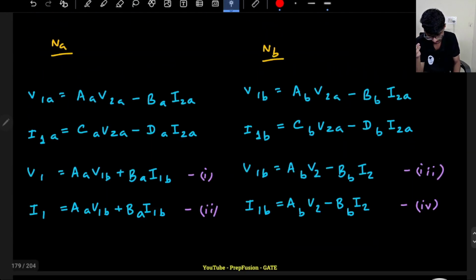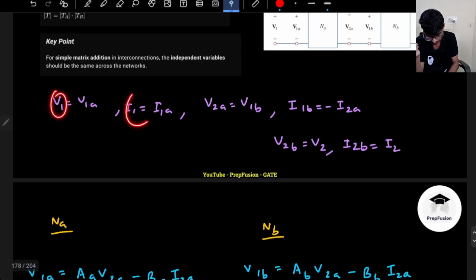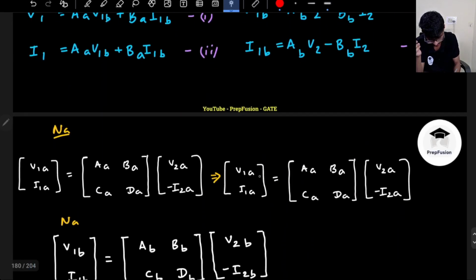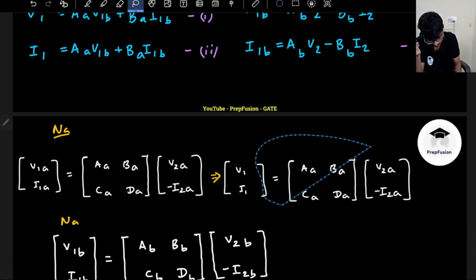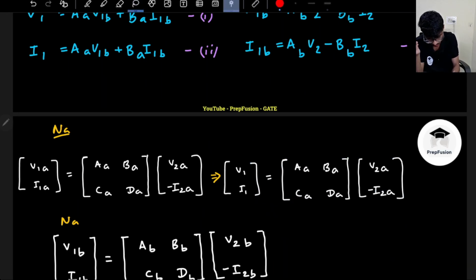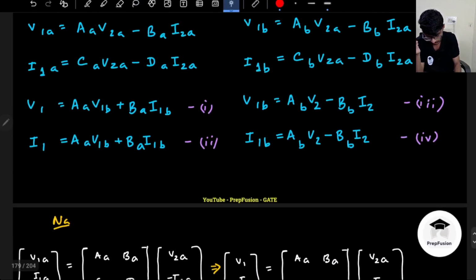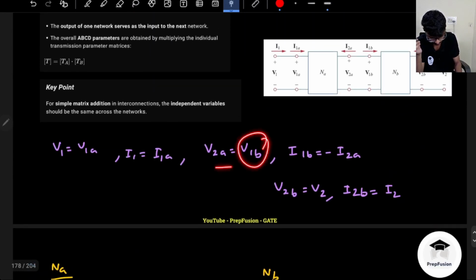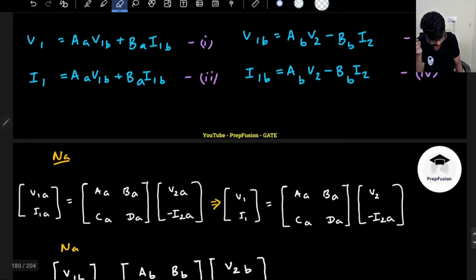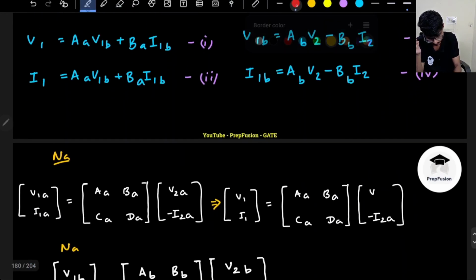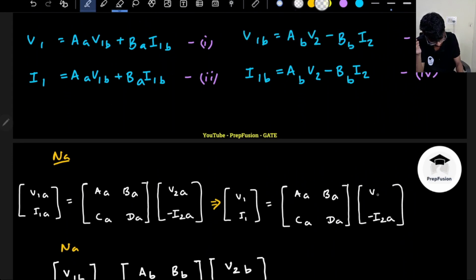V1A is simply V1, and I1A is simply I1. So this can be changed here. Also, this V2A is what? V2A, I have written it here. V2A is V1B. So this can be changed to V1B and I1A.